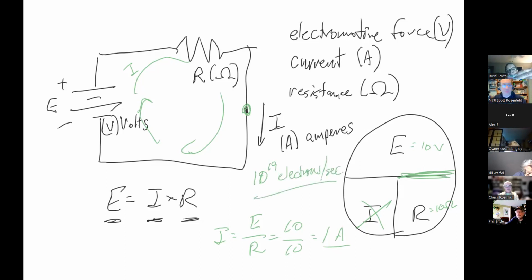Electrons are really, really small, but there are a lot of them. So 1 amp is known as 1 coulomb per second. A coulomb is essentially a bundle of electrons. It's roughly 10 to the 19th electrons. It's a lot of electrons.